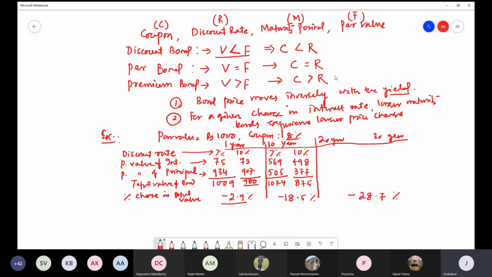Or we can say that the bond price volatility is directly related to the term to maturity. High term maturity bonds always show greater fluctuations if there is a change in the interest rate in the market.